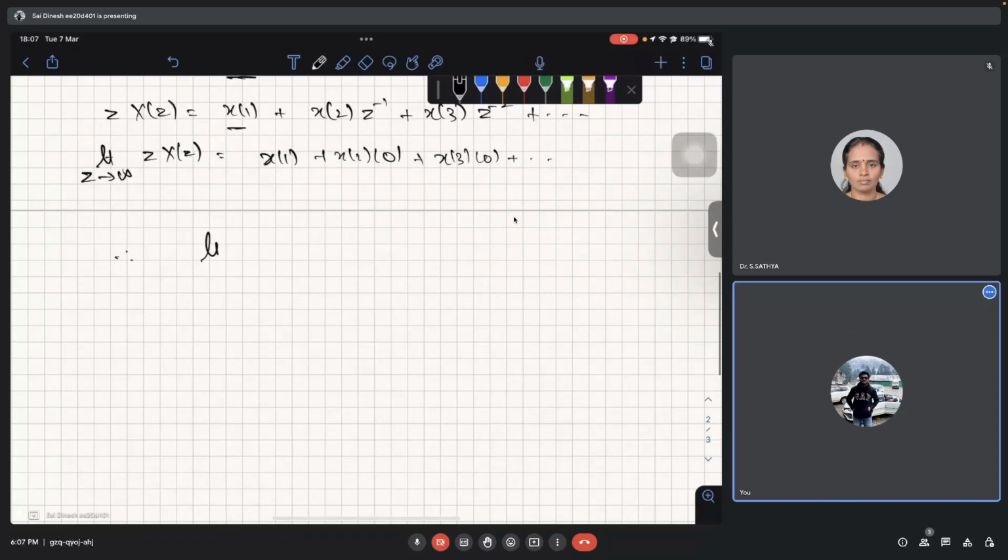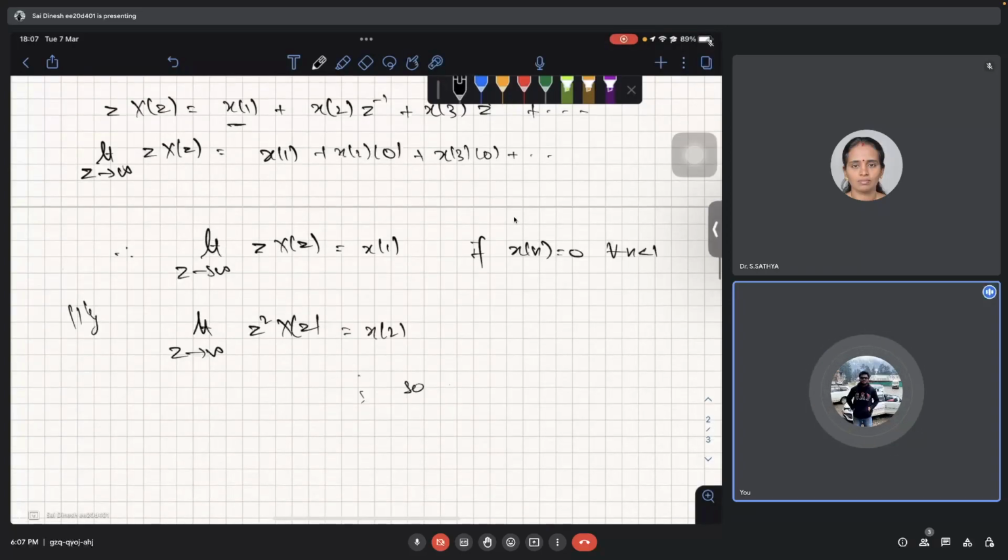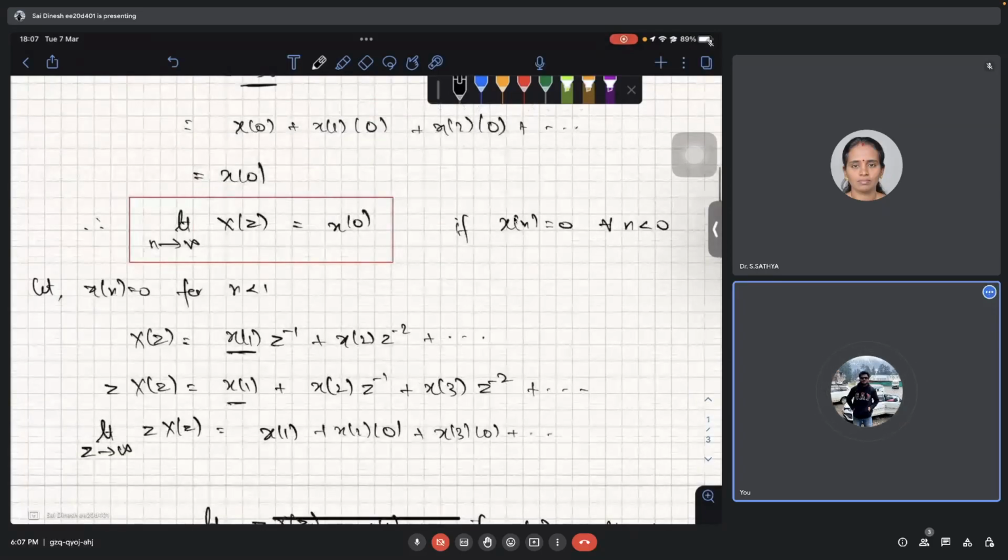Therefore limit z tends to infinity of z times X of z is equal to x of 1 if x of n equal to 0 for all n less than 1. Similarly we can do it for x of 2 as well, where limit z tends to infinity of z squared X of z is equal to x of 2, and so on. So is this initial value theorem clear?